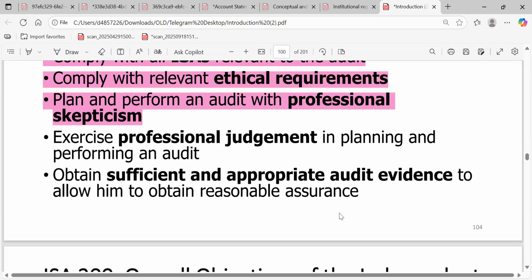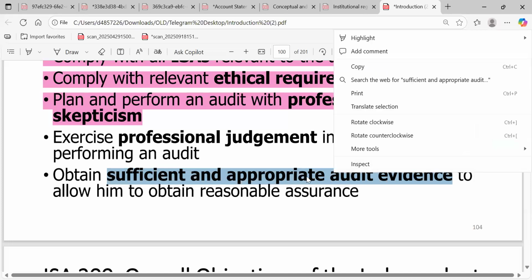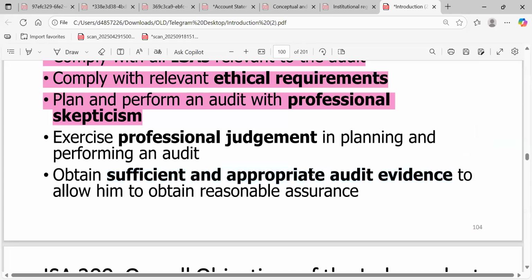these things also. And then he's supposed to obtain sufficient and appropriate audit evidence to allow him to obtain reasonable assurance. This is very, very important in auditing, and I'll be talking about it quite a lot. The evidence the auditor is going to gather, that evidence must be what? Sufficient. That is in terms of what?